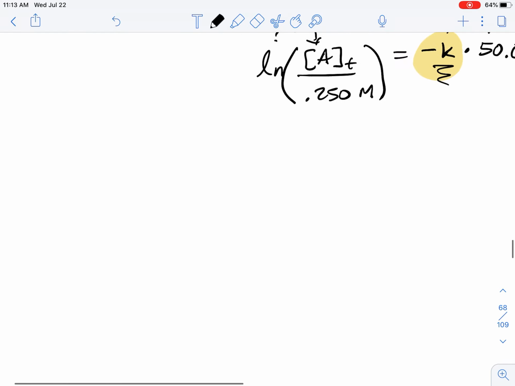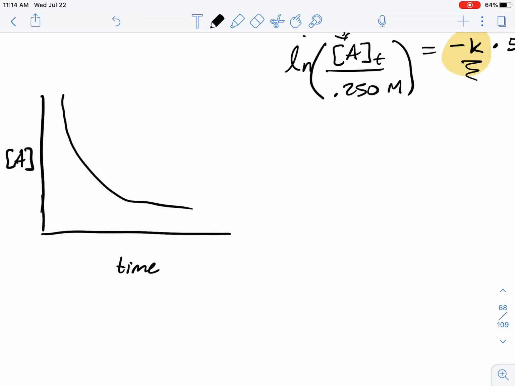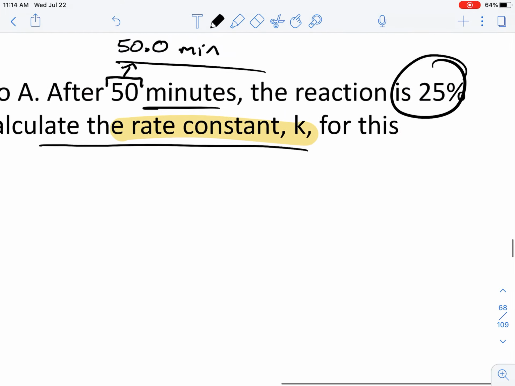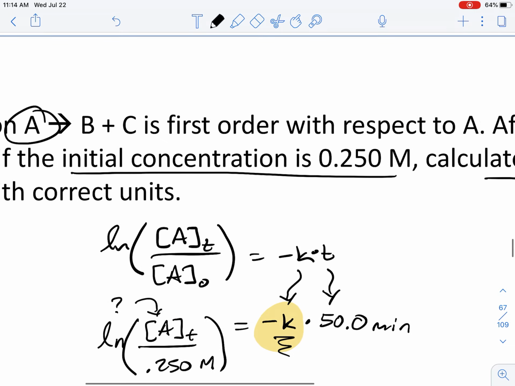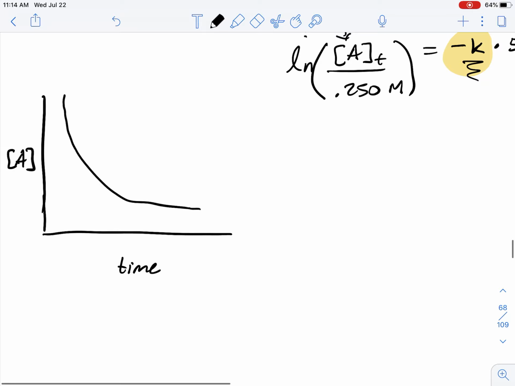If you're looking at the course of this reaction, remember the concentration of A is on the y-axis and time is always on the x-axis. For first order kinetics, there's going to be an exponential decay. It's telling us that this reaction is 25% complete, so I'm just going to arbitrarily put this 25% somewhere in here.